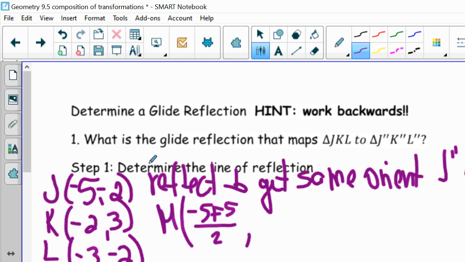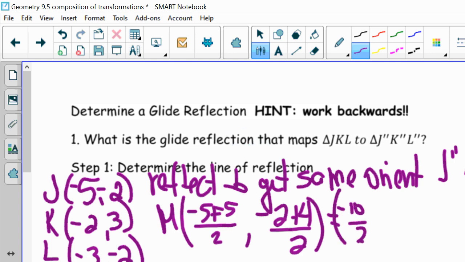And my y is -2 plus, so my J prime is at 4, divided by 2. So when I work that out, -5 plus -5 gets me -10 divided by 2. And then here I get 2 divided by 2. So this turns into the point (-5, 1).